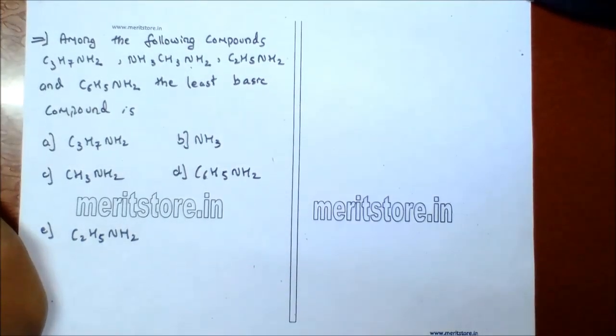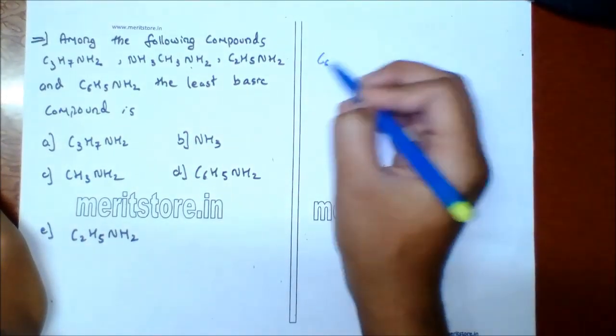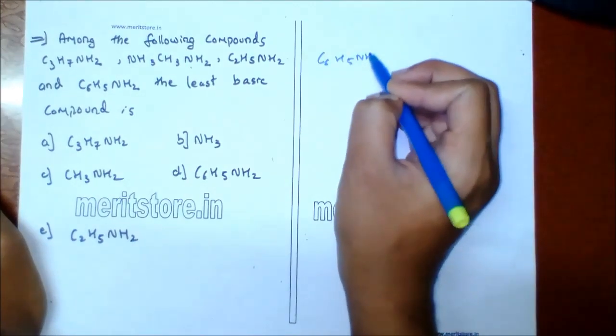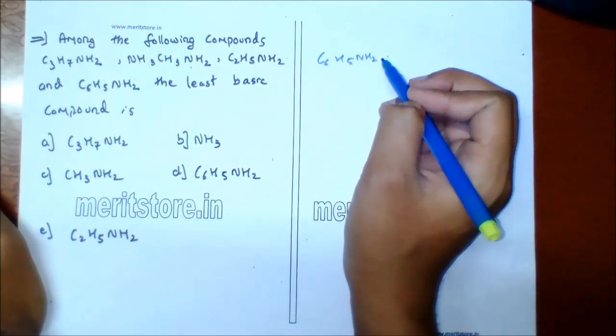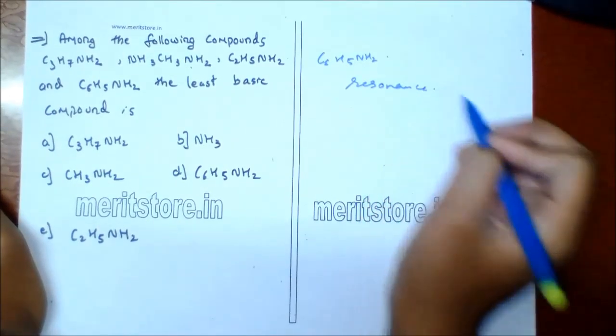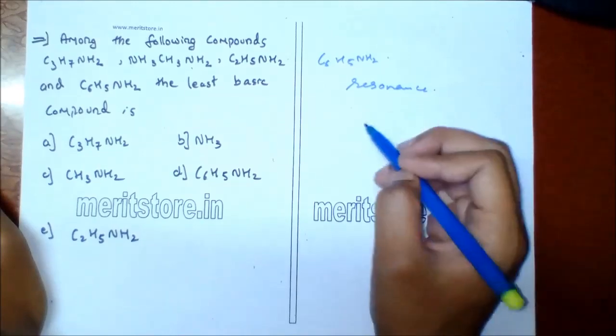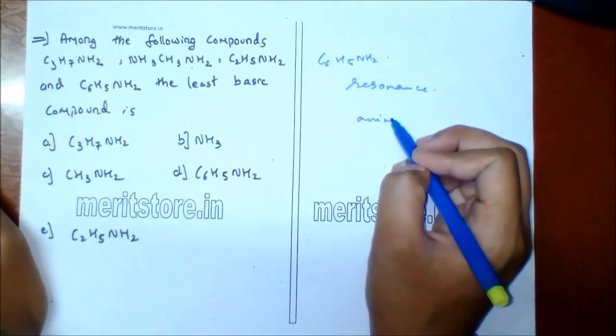Among the following compounds, the least basic compound is C6H5NH2, due to resonance, by which the lone pair of nitrogen takes part in resonance, and due to unavailability of the lone pair of nitrogen, aniline becomes less basic.